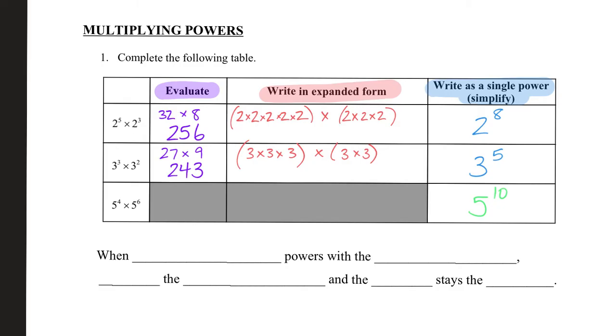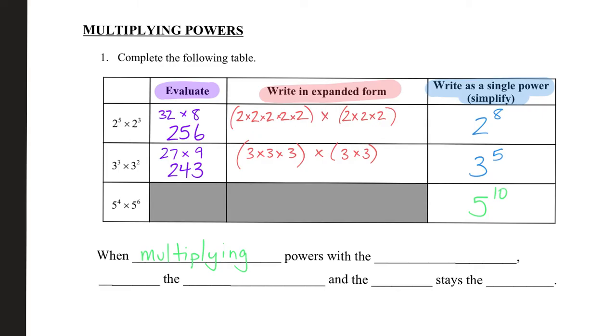So the first thing that I want to kind of bring to your attention, and I'm going to highlight it in green. In all 3 of those cases, we were doing the same operation. So what did we do? We were multiplying those powers. So when we multiplied powers, okay, I'm going to get rid of that highlight.